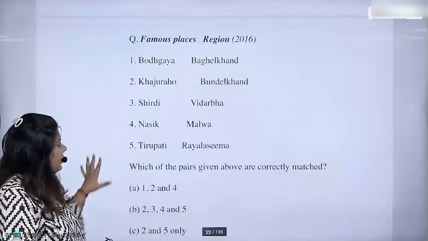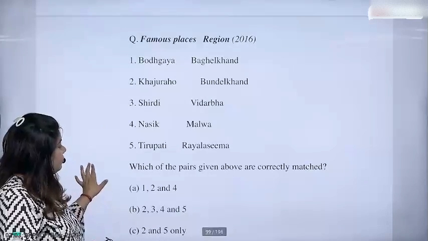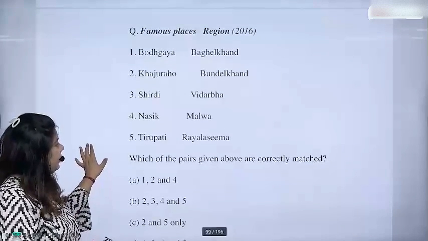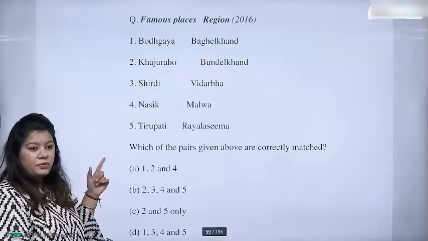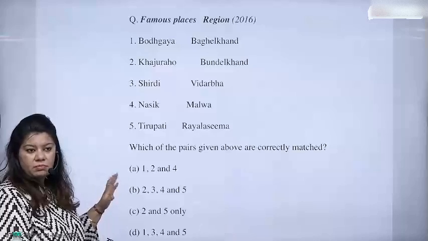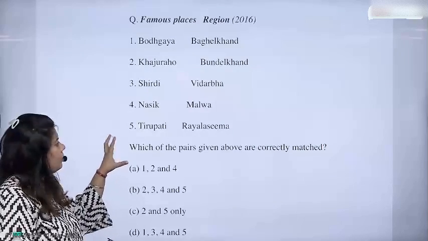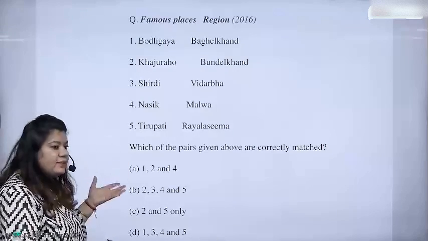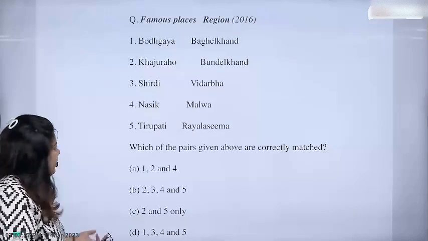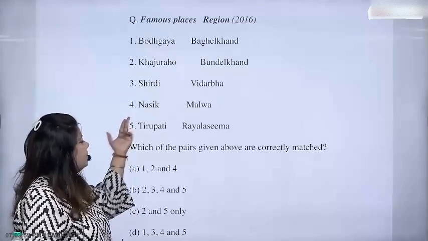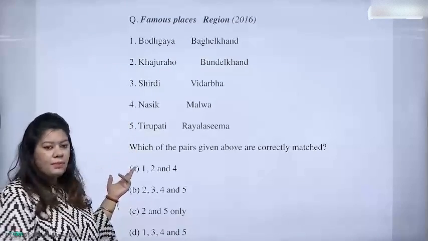Now this is a type of question which was asked by UPSC in 2016, right? These pilgrimage sites have been asked with respect to their physiographic division, or plateaus or highlands. Earlier UPSC used to give you options for elimination. For example, if someone knows about Nasik, Nasik is not there in Malwa plateau.